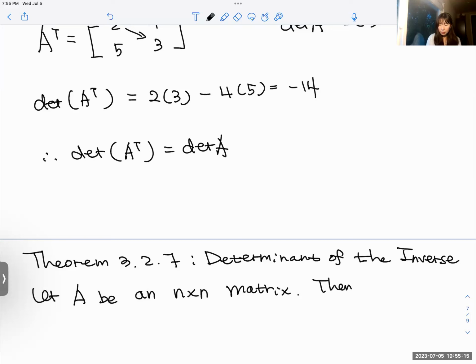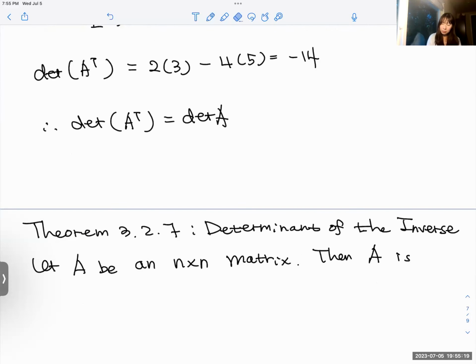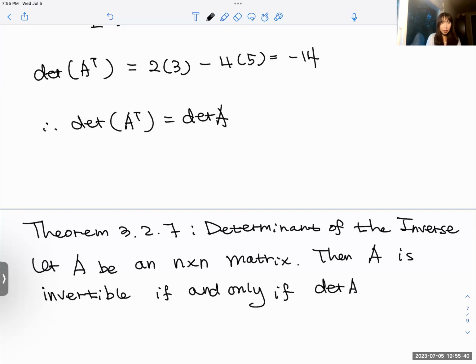Then A is invertible if and only if determinant of A is not equal to 0.